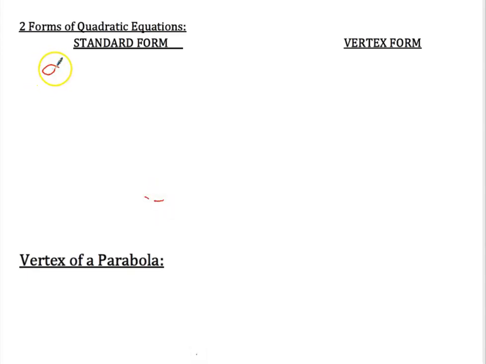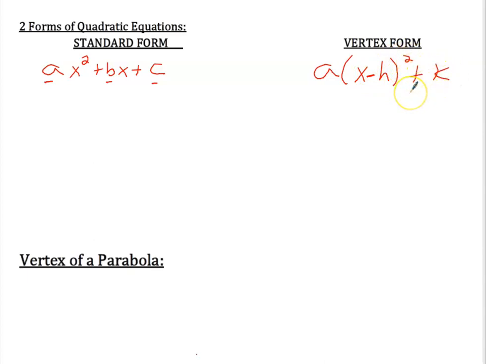So standard form is the traditional ax squared plus bx plus c, and a, b, and c are just all going to be numbers. And then for vertex form, this is going to look more like what we've seen with transformations of graphs. And vertex form is going to be a times (x minus h) squared plus k.